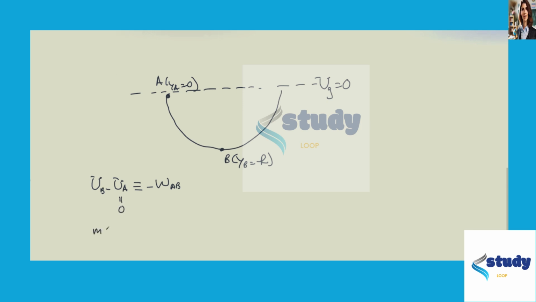So we get mg(-R) equal to minus WAB. So that means WAB is mgR, which putting our values, 0.2 kilograms, 9.8 meters per second squared, 0.5 meters, is 0.98 joules. That's how much work gravity does.